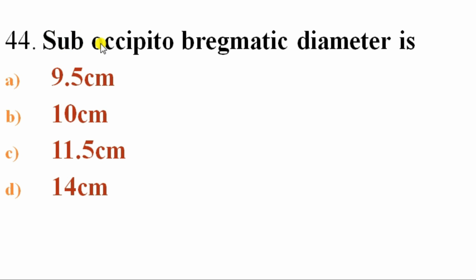Next question, suboccipitobregmatic diameter is options A. 9.5 cm, B. 10 cm, C. 11.5 cm, D. 14 cm. Answer is A. 9.5 cm.